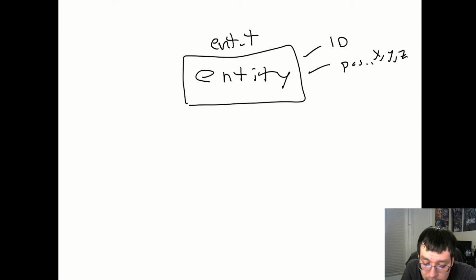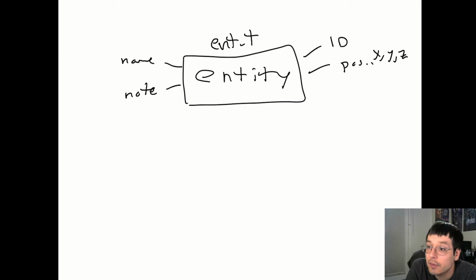Other things that you could have in there could be some special references, pointers, but we don't want to talk about pointers right now. Maybe a name associated with the entity, and then let's say you have a string called note, so you can keep track of whatever you want there, like some documentation. Once you make this, you probably are going to make all of these protected variables, and then you have your public functions.